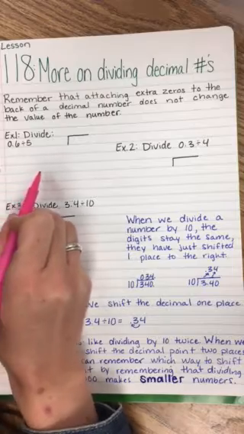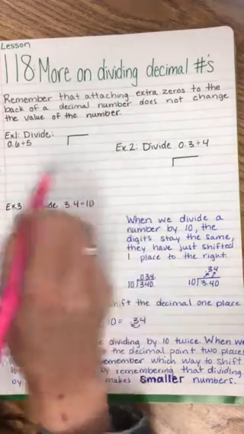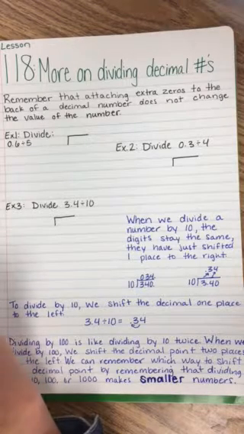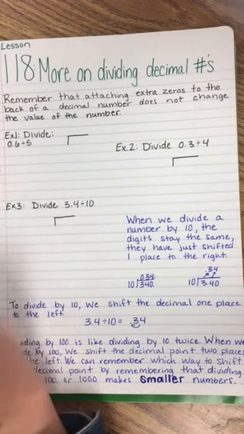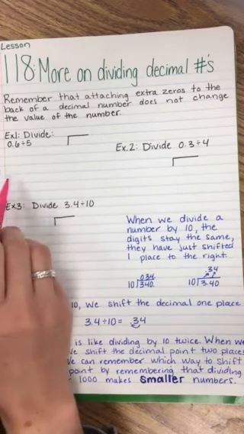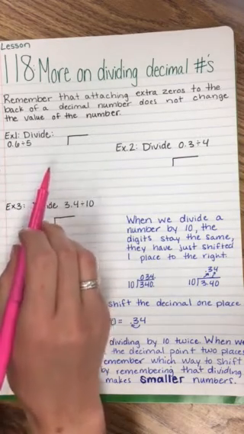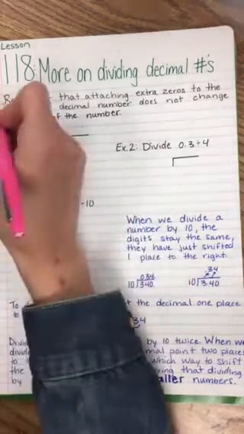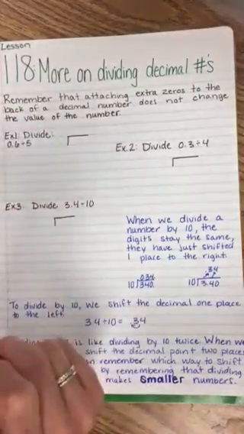That does not change that the only number in the ones place is a 5. It's just saying there's a 0 there, a 0 in the 10,000s place, a 0 in the 100,000s place. It does not change the number.